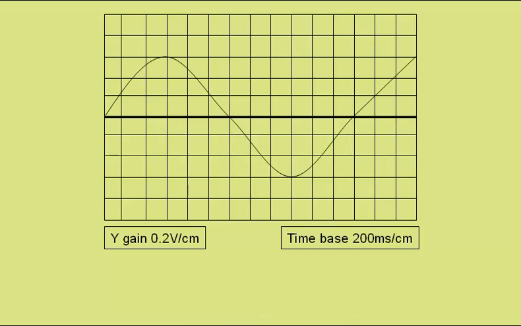And finally this supply with a Y gain of 0.2 volts per centimeter, peak voltage going up 1, 2, 3 centimeters, so the peak voltage is 3 centimeters at 0.2 volts per centimeter, or 0.6 volts.